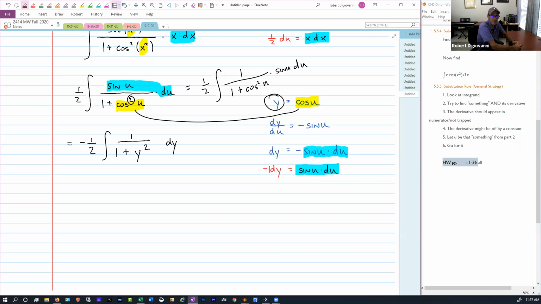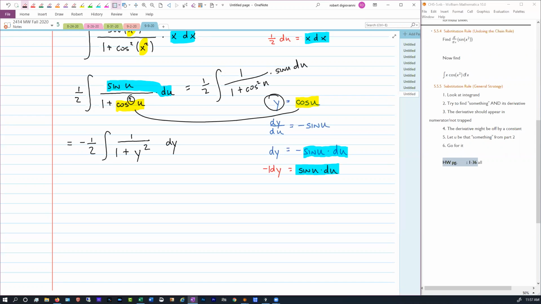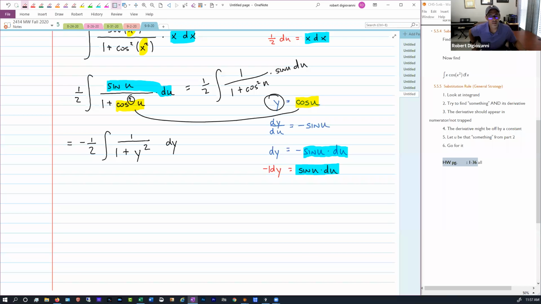Who knows the antiderivative of 1 over 1 plus y squared? Anybody? Well, couldn't it just be the inverse tangent? The antiderivative of 1 over 1 plus y squared would be inverse tangent of y plus a constant.